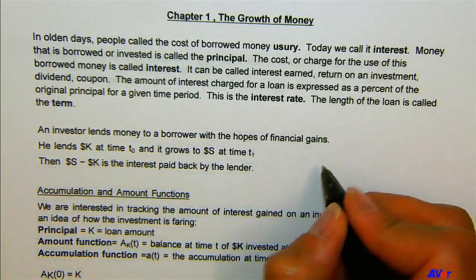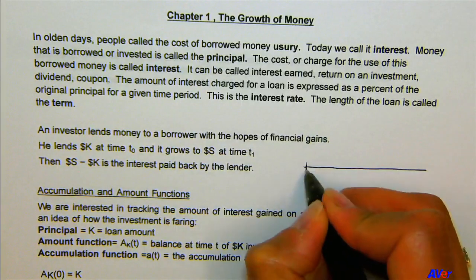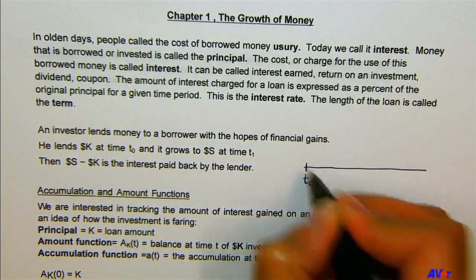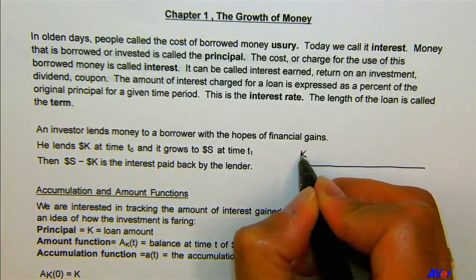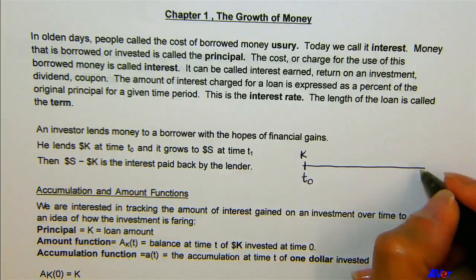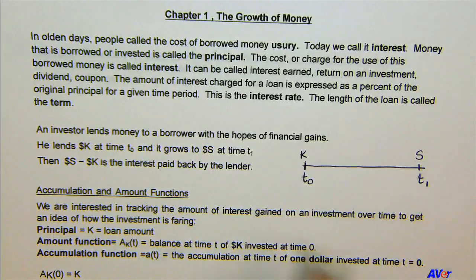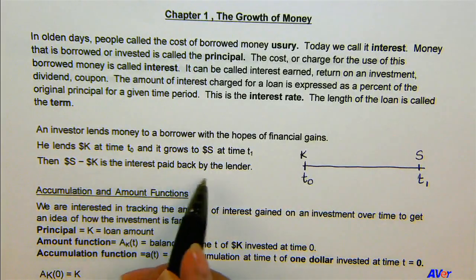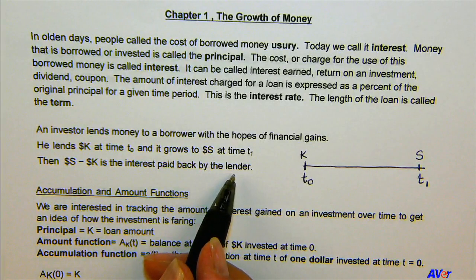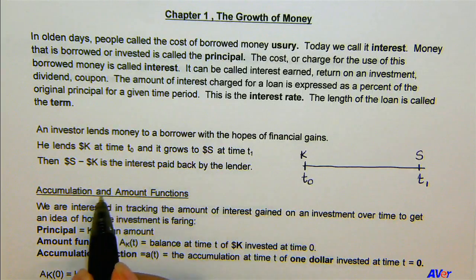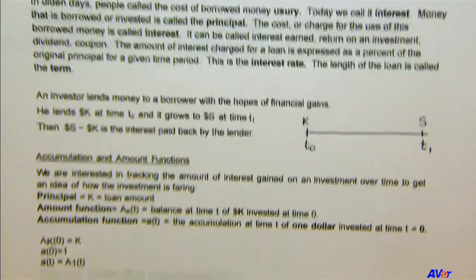He lends K at time t naught. Let's label it. Here's time t naught, K. And it grows to S at time t1. Then S minus K is the interest paid back by the lender. Make sense? Moving on.